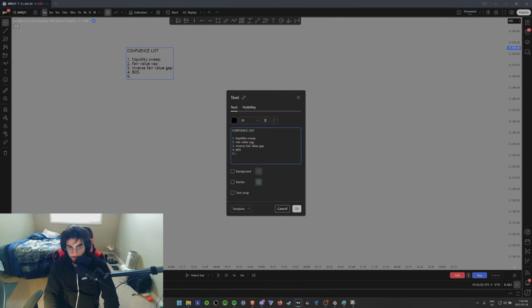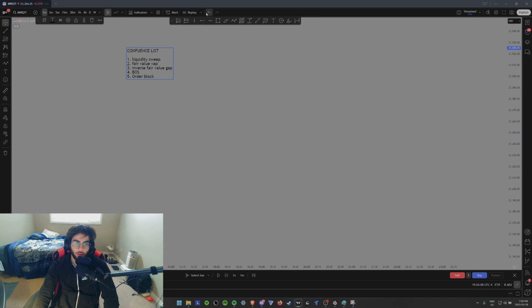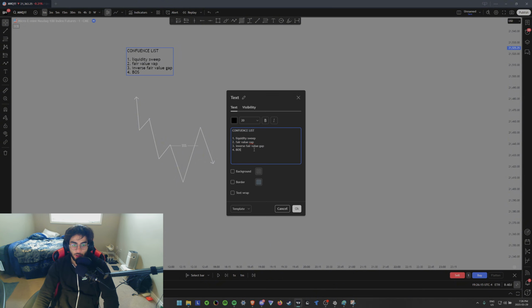The next one that we'll be having is order block. What is an order block? Well, actually, let's bring that back real quick. OB, order block.